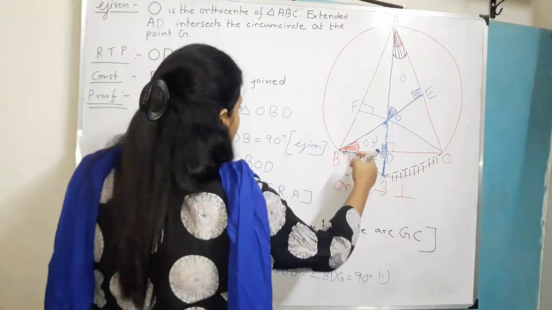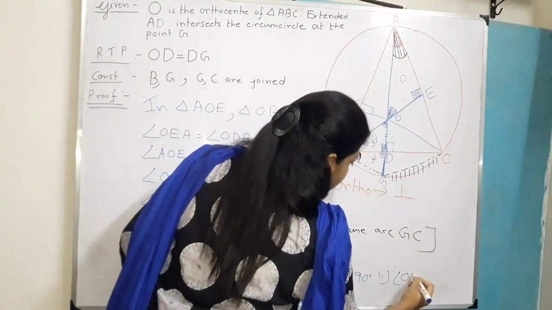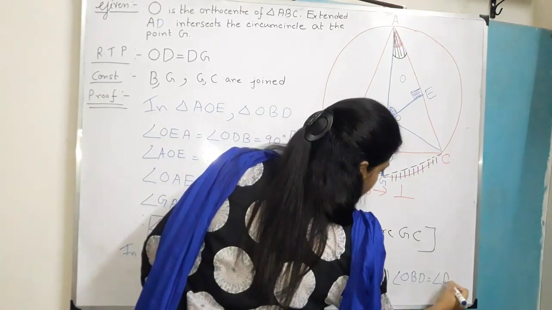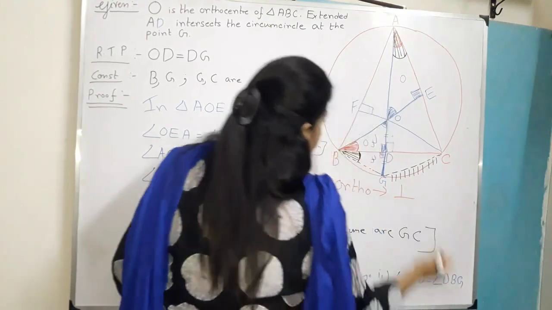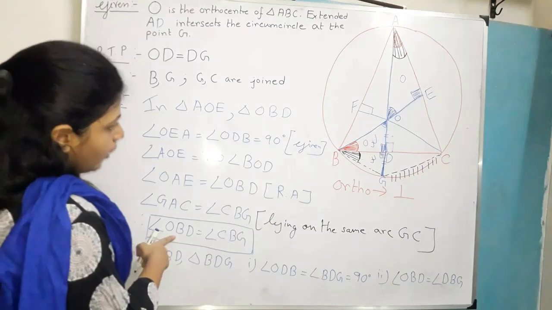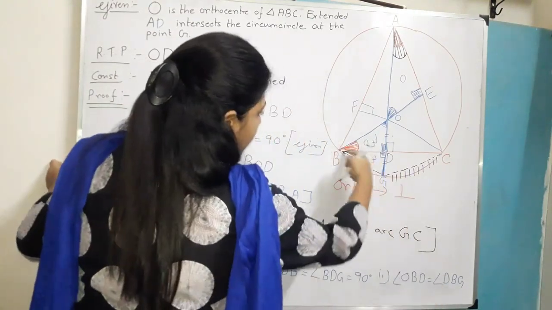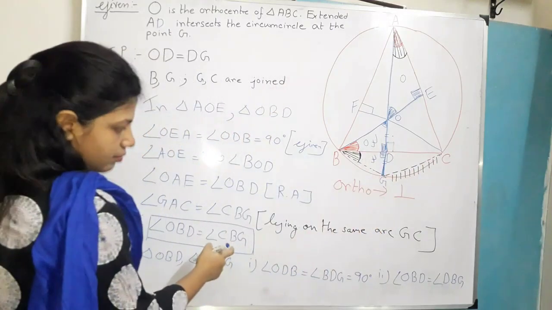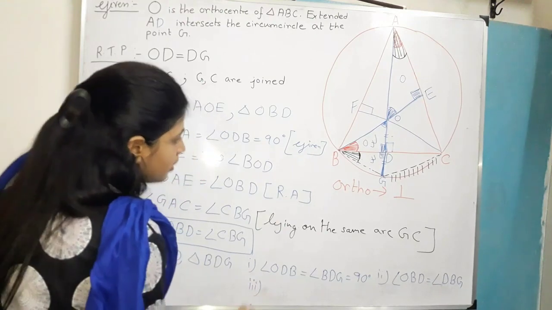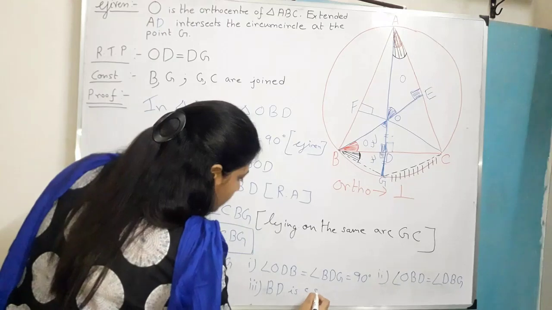Number 2, we can say angle OBD equals angle DBG. These two are equal. Why? Already I have proved it here. Angle OBD equals angle DBG, and DBG and CBG are both the same. Now number 3, BD is the common side.